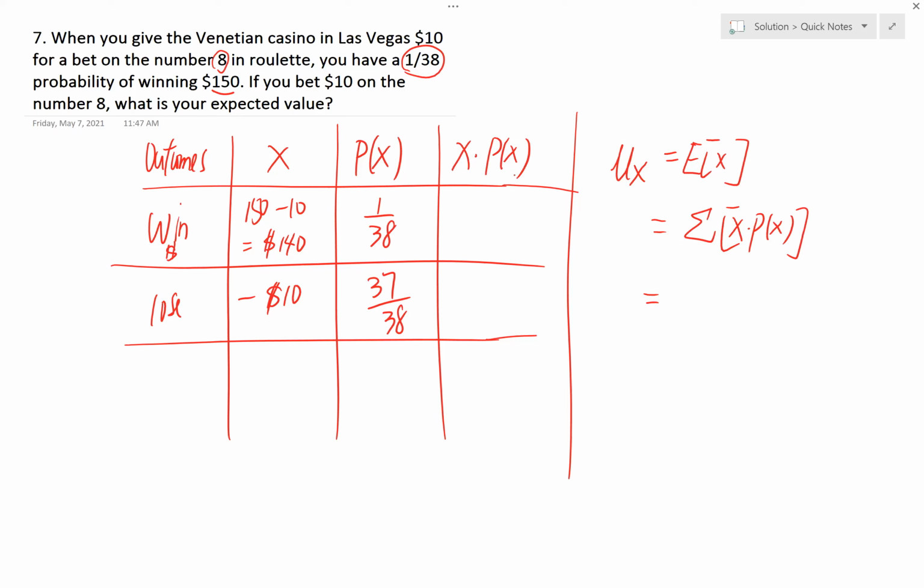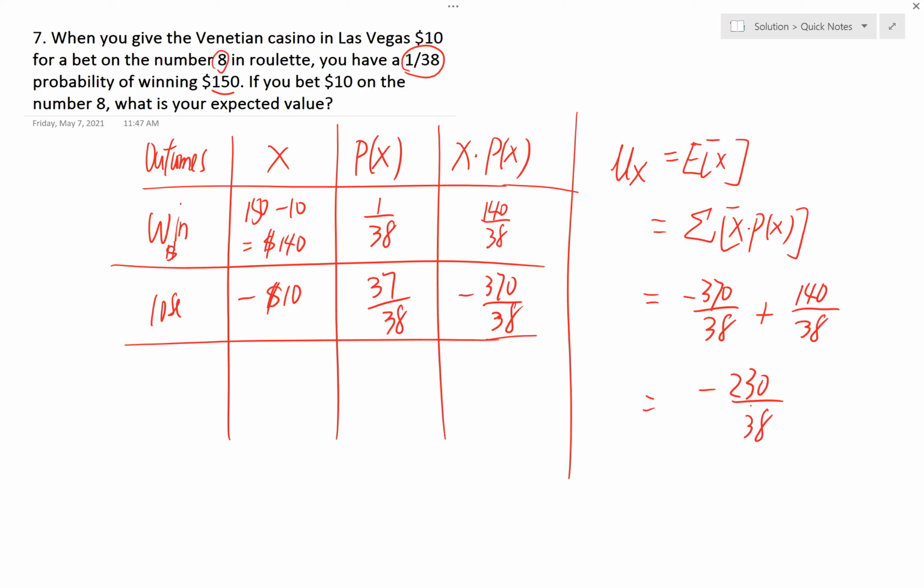We need to create a product of X times P of X. So maybe let's just keep it as a fraction for now. 140 times 1/38 is 140/38. Okay. And the other one is negative 370/38. And if you combine them, negative 370/38 plus 140/38 turned out to be negative 230/38.